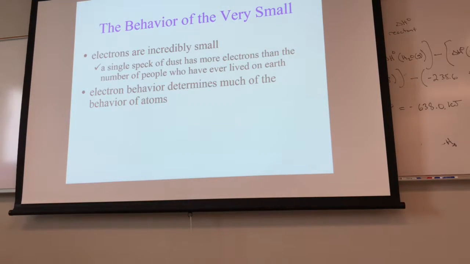One of the things we know about electrons is that if you understand how electrons behave, that is how an atom behaves as well. If I had to say what is the single most important concept in chemistry, it is understanding how electrons behave, okay? Chemistry really has to do with making bonds and breaking bonds. Now, all this stuff about moles and grams and stoichiometry, that is relevant, and you need to be able to understand how that works.